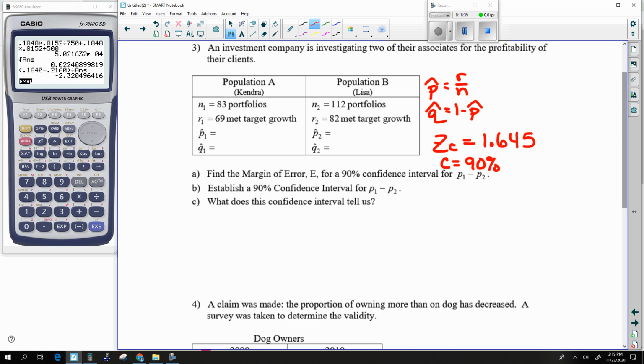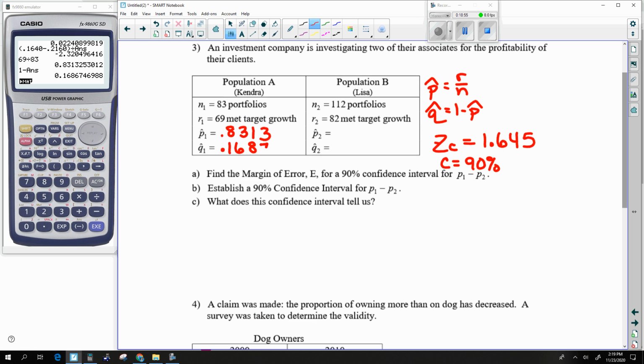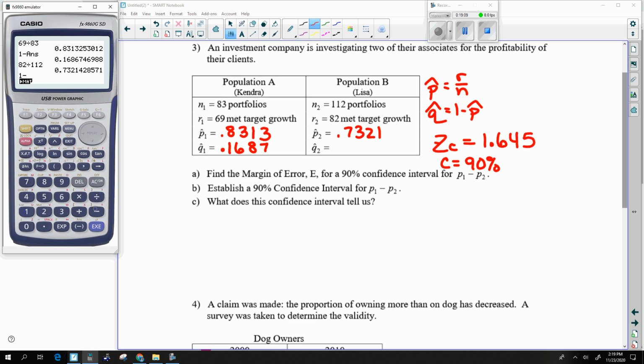Okay. So let's go ahead and find our p hats and q hats. The first one is r divided by n. One minus that. Most of this is just following along the formula.